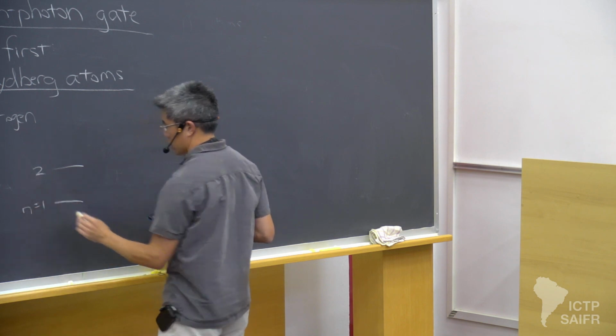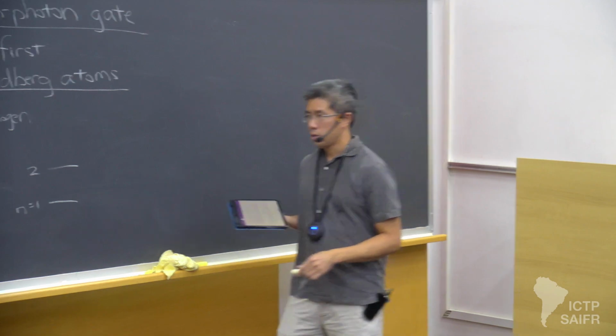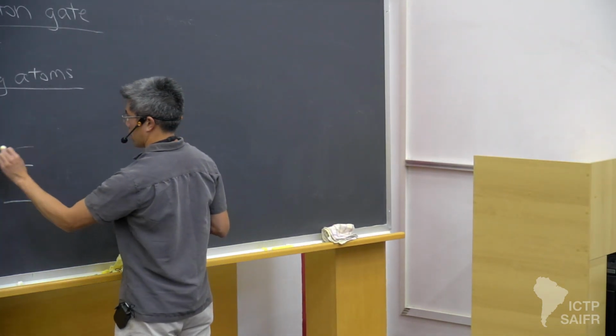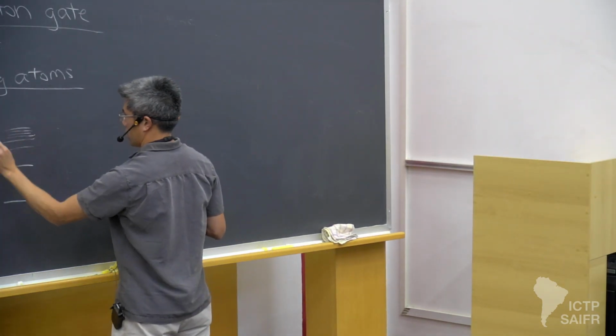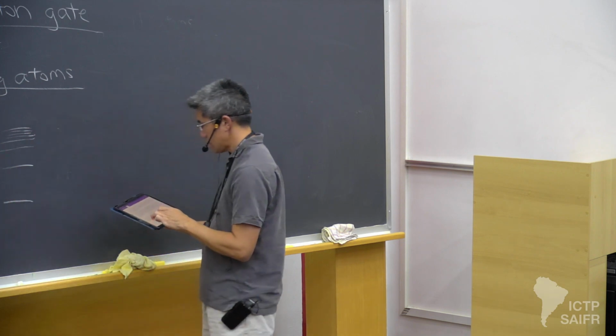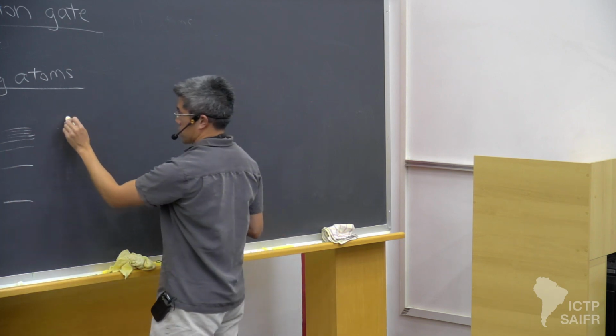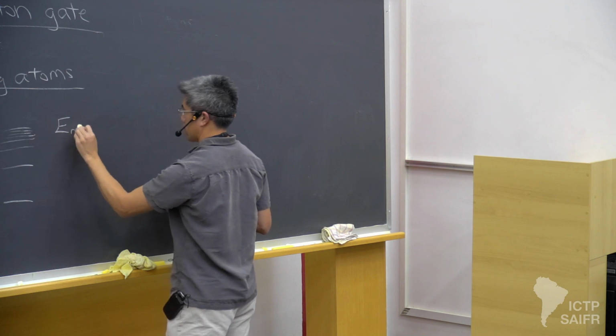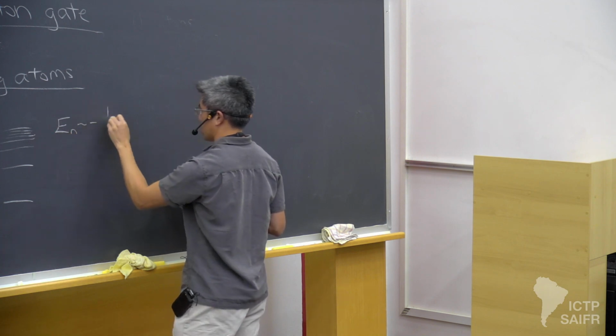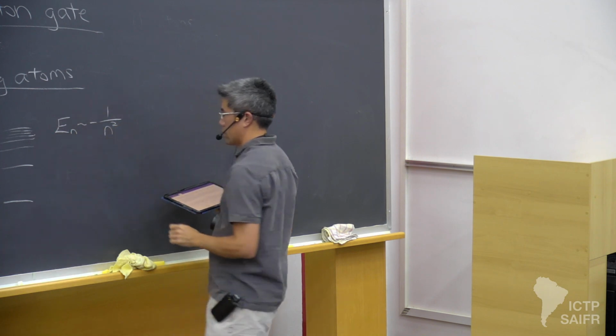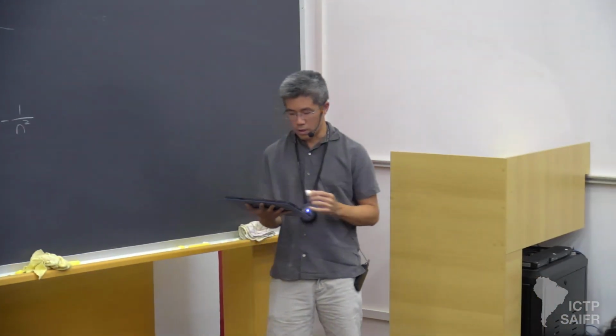So n equals 1 would be the ground state. You could have n equals 2, 3, 4, etc. We discussed already that the energy spacing of an atom is very anharmonic. So level n typically has an energy of 1 over n squared.